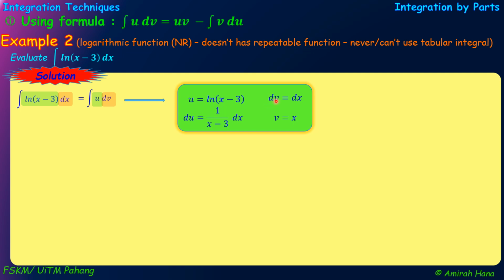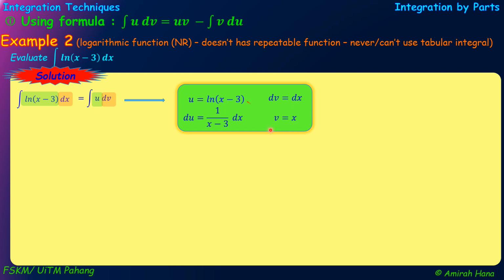When we integrate dv, it means we integrate 1 dv, and the answer equals v plus c. When we integrate dx, it means we integrate 1 dx, so the answer equals x plus c. No need to write plus c. Or for a quick method, we can cancel d on both sides, and we can see v equals x.